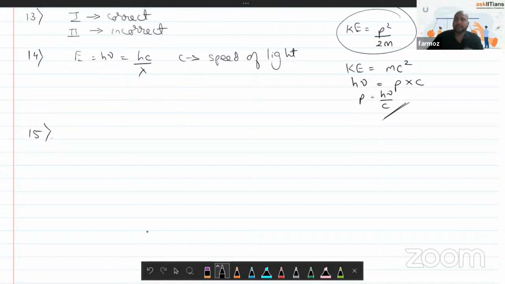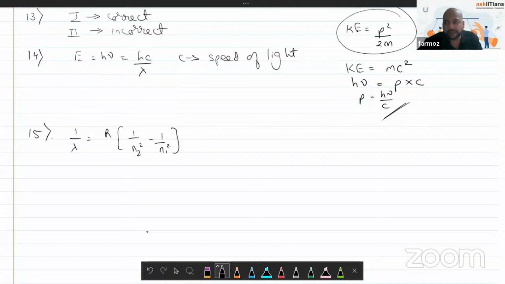Now, moving on to this particular condition, I can go with the equation that 1 upon lambda is equal to R times 1 upon n1 square minus 1 upon n2 square. So this is your formula.